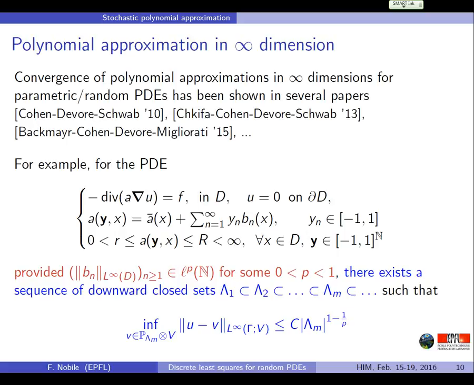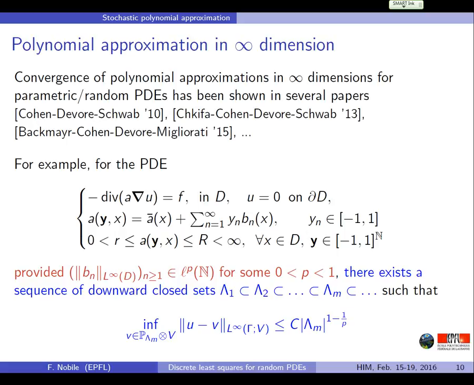of increasing cardinality, so lambda_m will have cardinality m, for which you can show an approximation, and the rate of approximation here is the cardinality of the set, so the dimension of the polynomial space, to the power 1 minus 1 over p, where p is related to the summability of these coefficients.